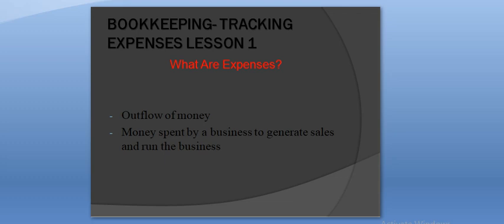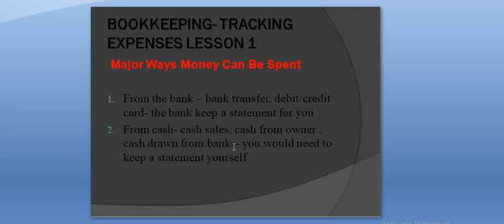Money can also be spent on other things that a business has to do in order to run the business, like operating expenses, money on salaries, money on running the office. So that is basically what an expense is: the outflow of money out of a business, and money spent by a business to generate sales and run the business.